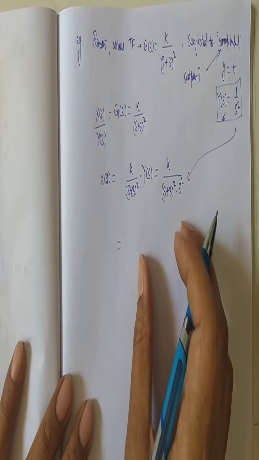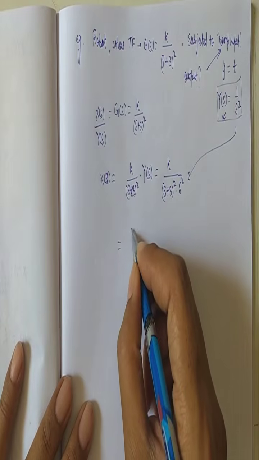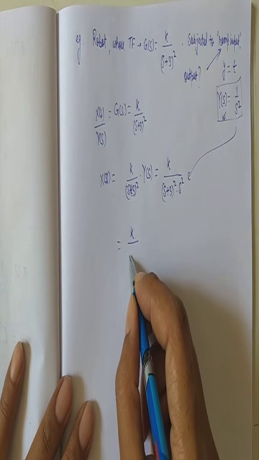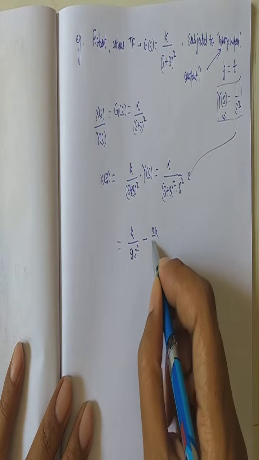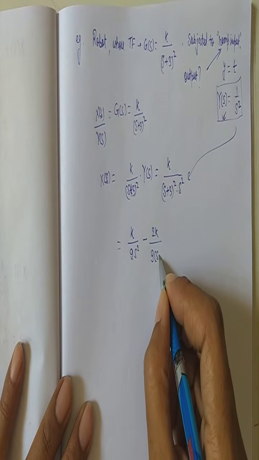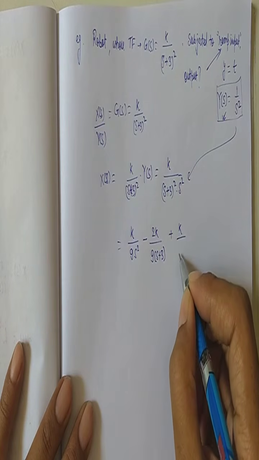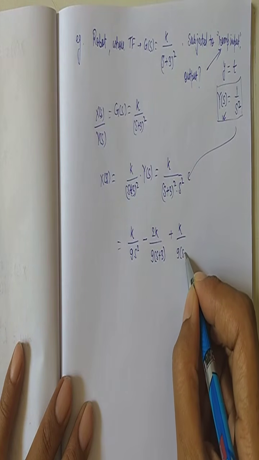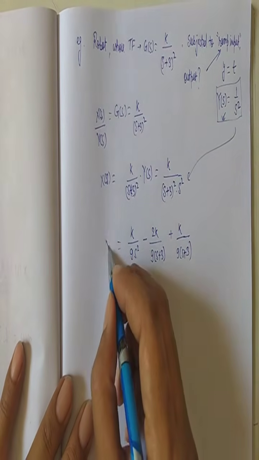With the partial fraction method you can estimate your individual ratios in this manner, 9 s plus 3 plus k 9 s plus 3. This is my Xs.